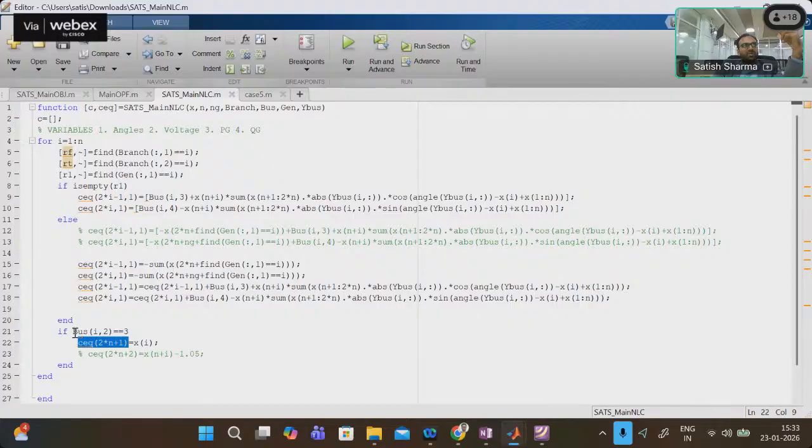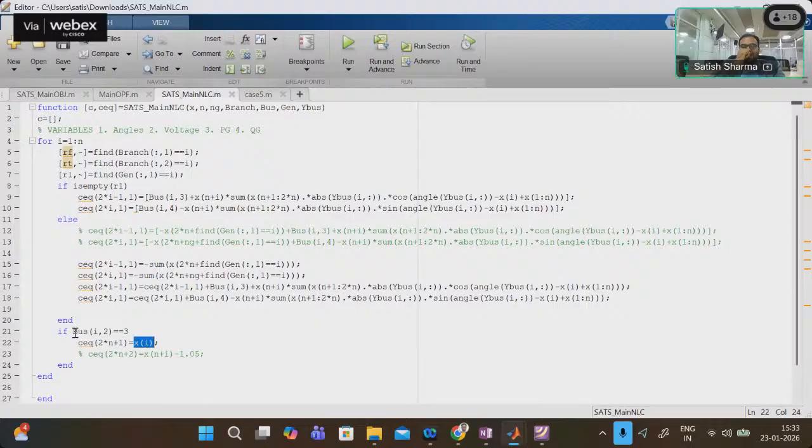We have one for active power and one for reactive power. Let's say I have 14 nodes, so 2 into n, that is 28 active and reactive power balance equations. That's why I have kept ceq equal to 2n plus 1. So it is the 29th equation I have placed, and that is angle equals 0.